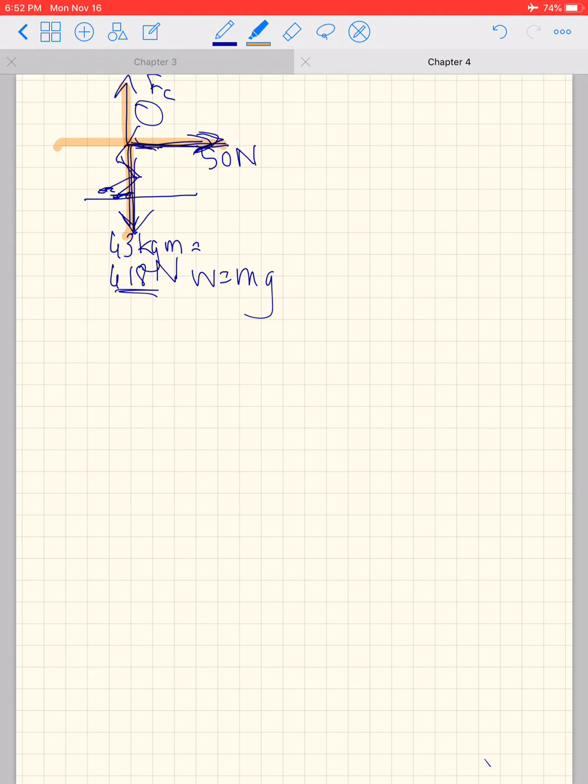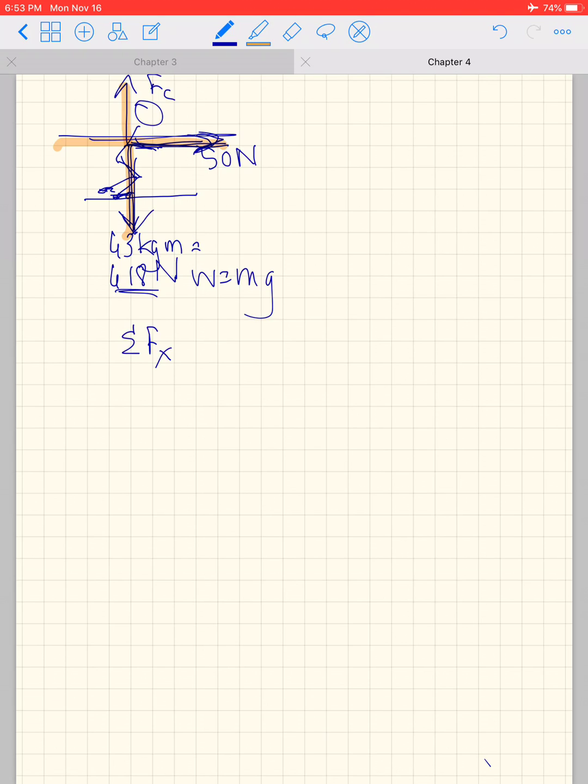Everything then, the cosine and sine, are all going to be measured against my XY axis. This one's pretty easy. I'm doing a simple one just to show you the process. So then the next thing is to put it into the sigma F sub x and the sigma F sub y equations. So let's see what I know. Did you notice that I made the x-axis along the line of motion?